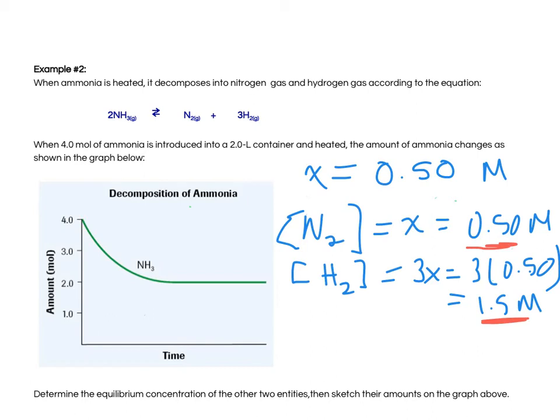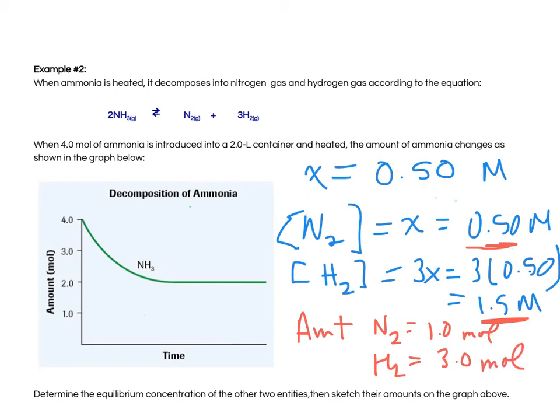And so what I need to remember is that I really just want the amount of each. So the amount of N2 is actually going to be 1.0 moles, right? Because if I have 2 liters, then I'm going to be doubling the amount of moles that I have per liter. And so the amount of H2 that I have is going to be 3.0 moles.